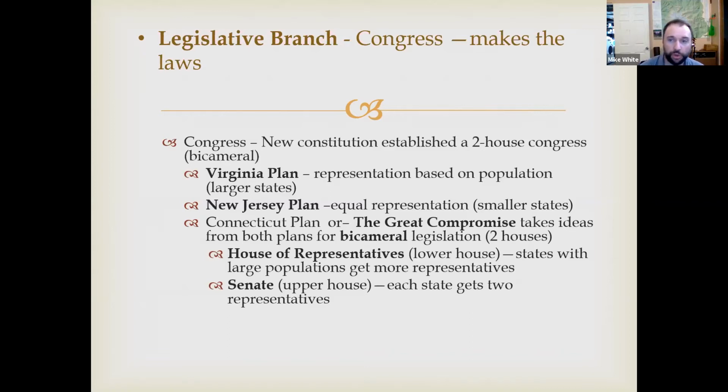And when we first set up our country, we initially had only one body of Congress. And the original 13 states had only one representative. So each state had a representative, and that was it.